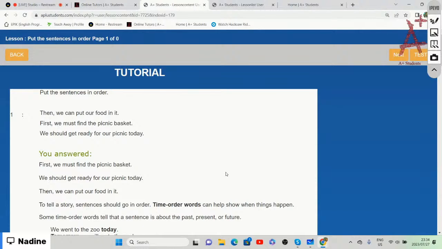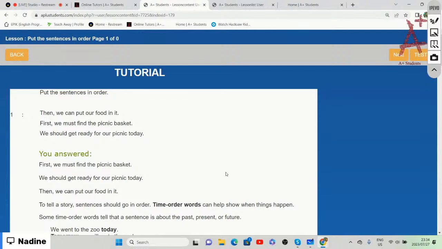So if we put it in order, then, for example, we can say first, we must find the picnic basket. Actually, first is first.